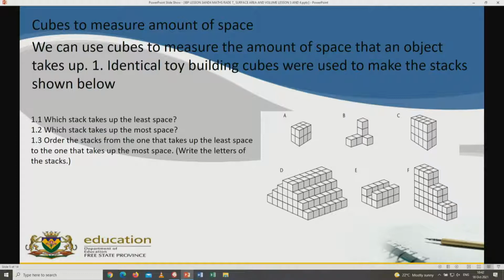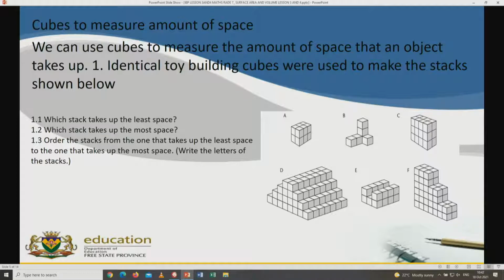Now, let us investigate what is really happening before we go in depth into the volume. Number 1, let us try to answer these questions. We have the cubes that are used to build the first shape there, A. Can you see there? How many cubes can we calculate there?